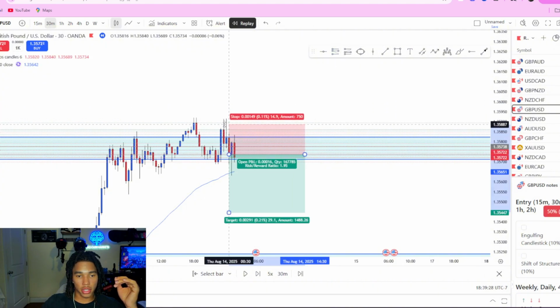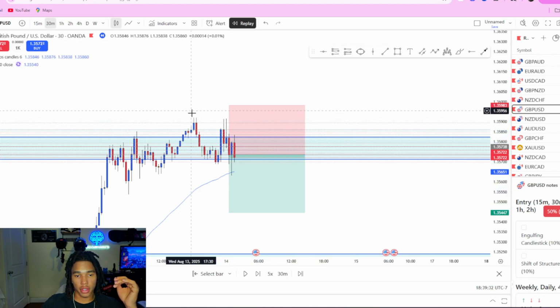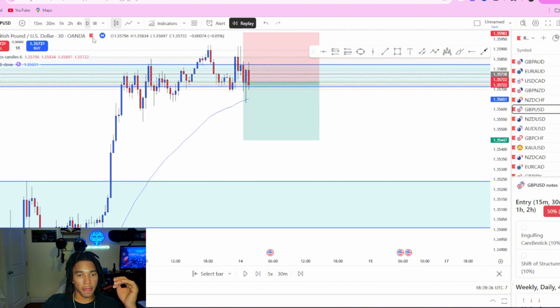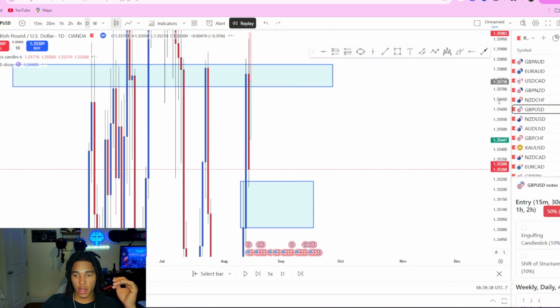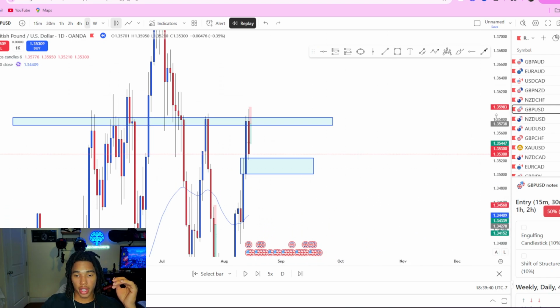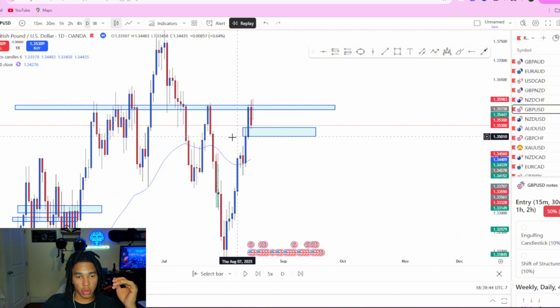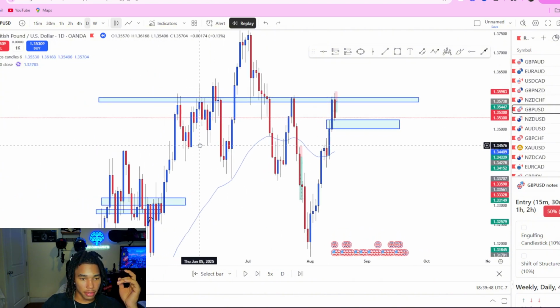Boom. Put our stop loss 10 pips above this area. About right there. Take profit, I would put it either at the higher low. This is a really low higher low. So I'll just put it at the next point where price can reject from, which would be like another daily area of interest or something.